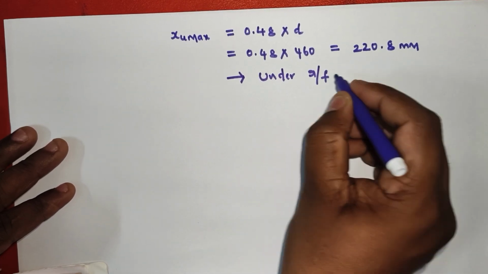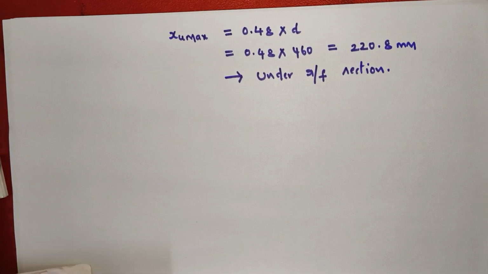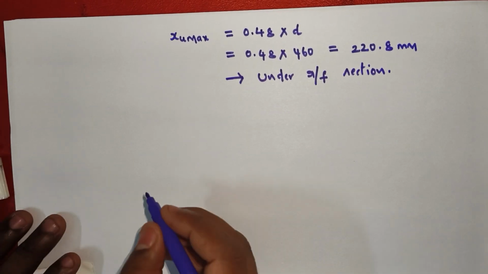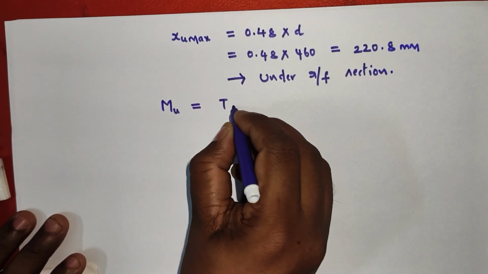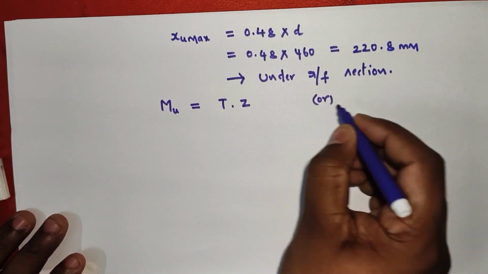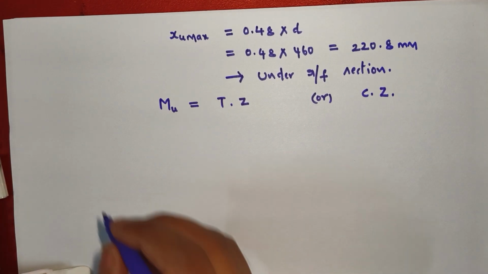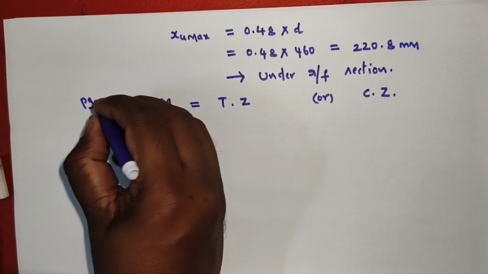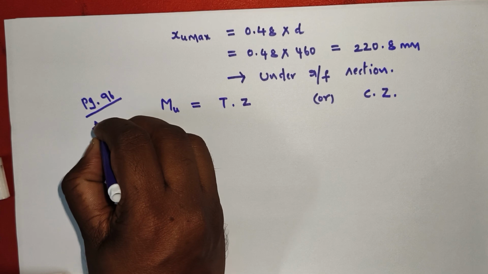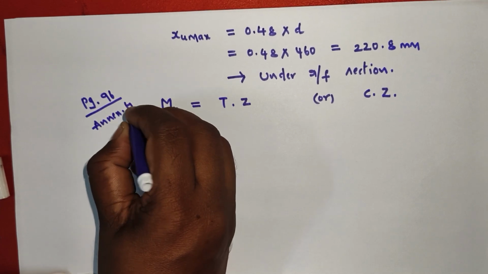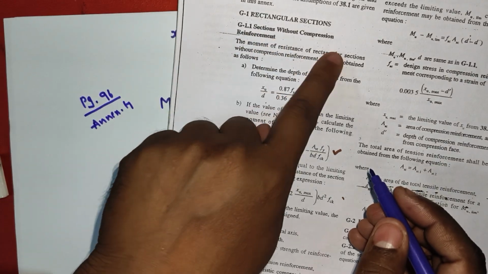Under reinforced section means you can use either T into Z or C into Z, or you can take the help of page number 96, Annex G. What is Annex G telling? Sections without compression reinforcement.